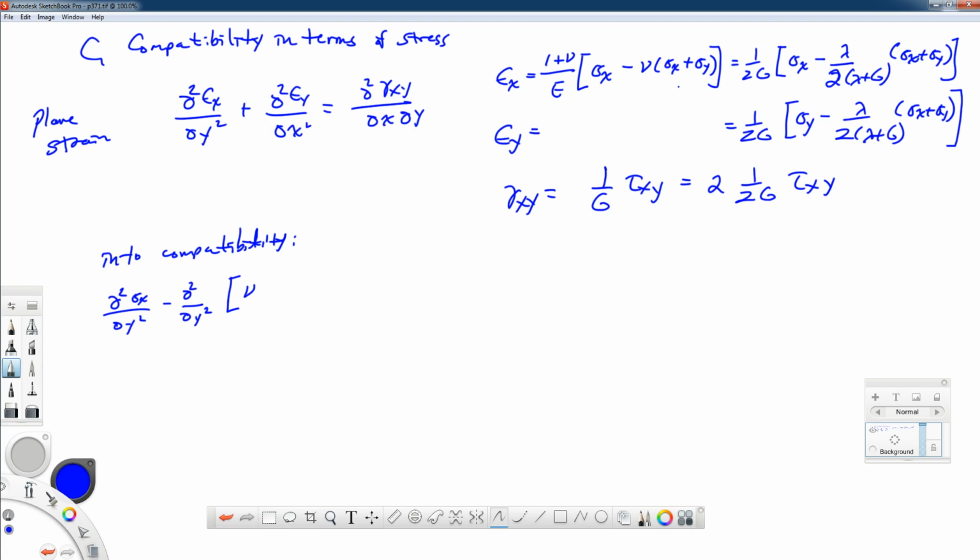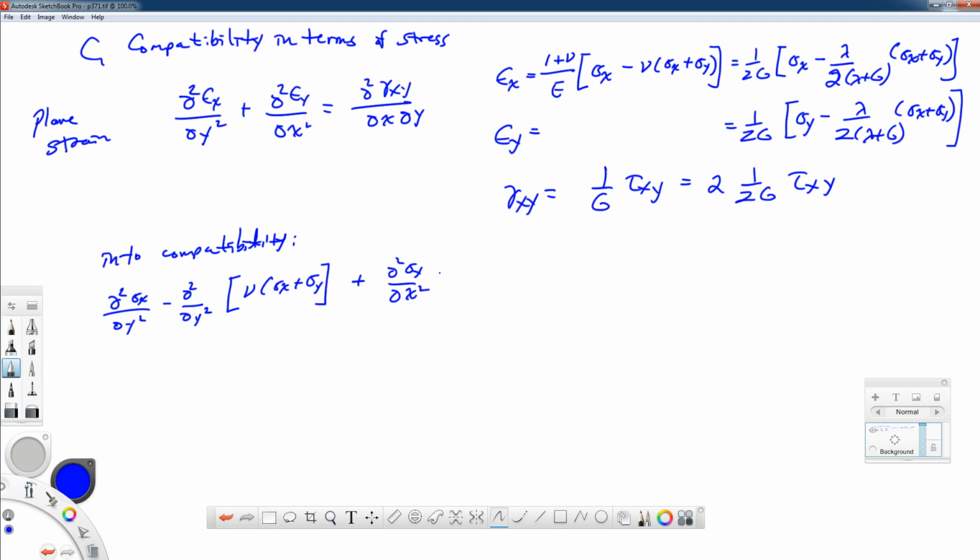So I'm going to borrow from this term as well. In the next term, I have the second partial of epsilon y with respect to x twice. I'm going to have the second partial of sigma y with respect to x twice.